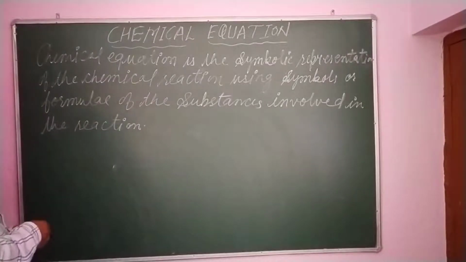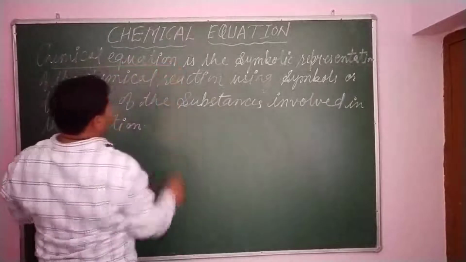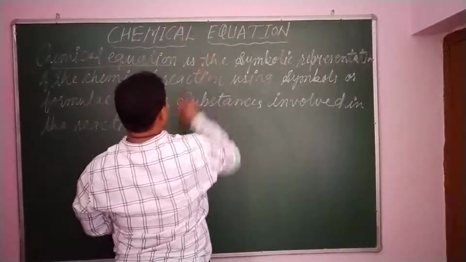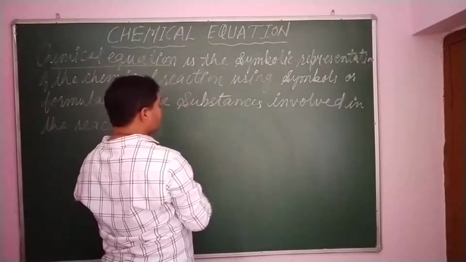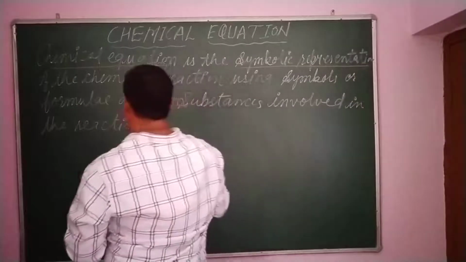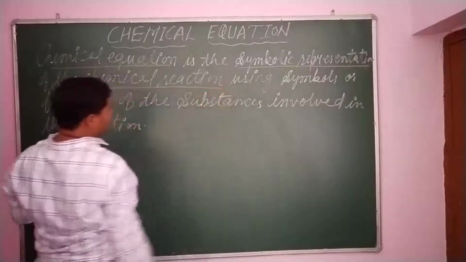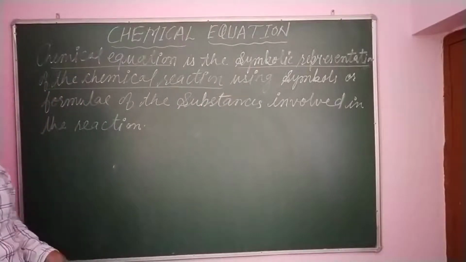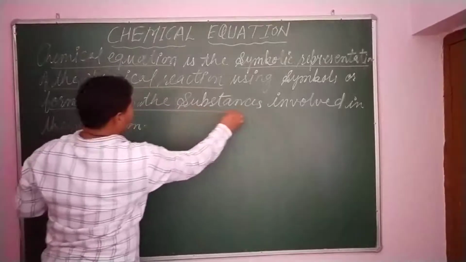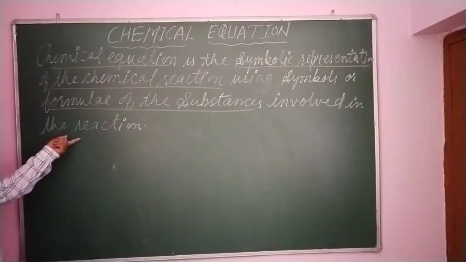Chemical equation is the symbolic representation of the chemical reaction using symbols or formula of the substances involved in the reaction.